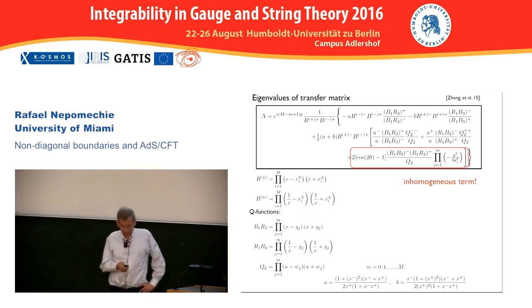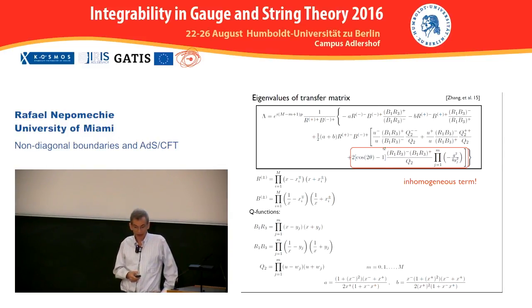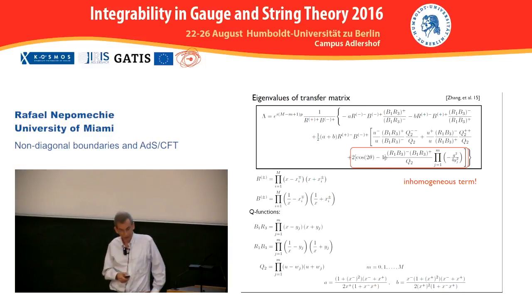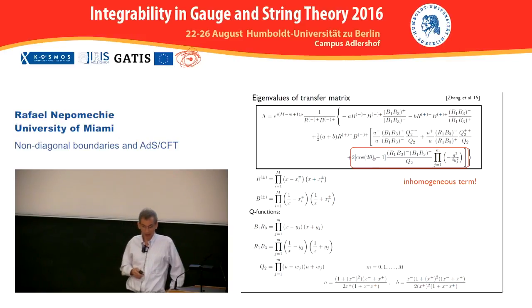What's most important is this last guy here. So this is the so-called inhomogeneous term, which we needed because of these non-diagonal boundary conditions. So that's this inhomogeneous term. And if you dial theta to 0, then you see that this term drops out.